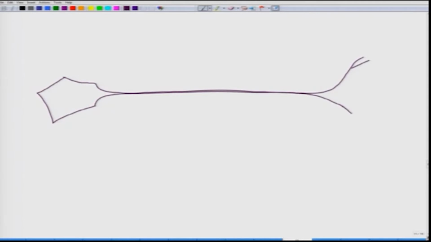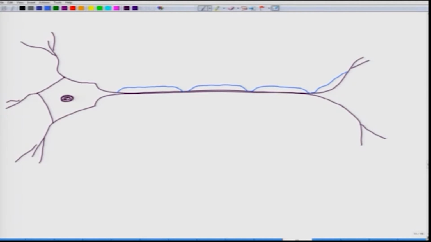Whenever we draw a classic neuron, the picture is something like this, with the cell body, the nucleus sitting here, and on this you observe something like this, on both sides.